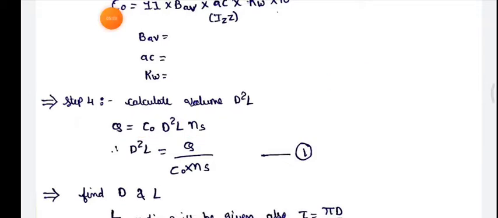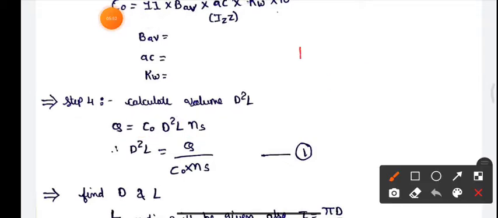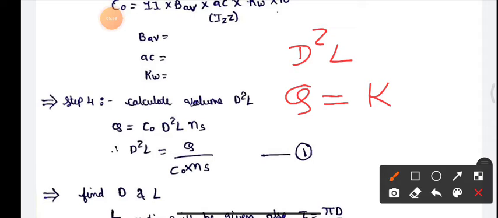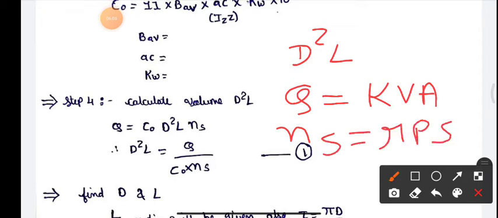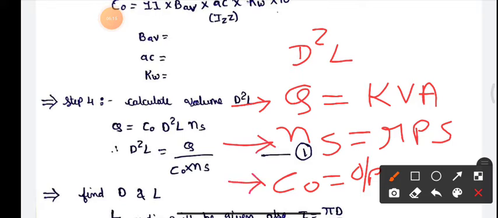So in this equation, to find the value of d square L, we require Q, that is the kVA output or kVA rating, then the speed in RPS, and also C0, the output coefficient of the machine. We have already found these values. Now we just need to put them in this equation and we will have the value of d square L.